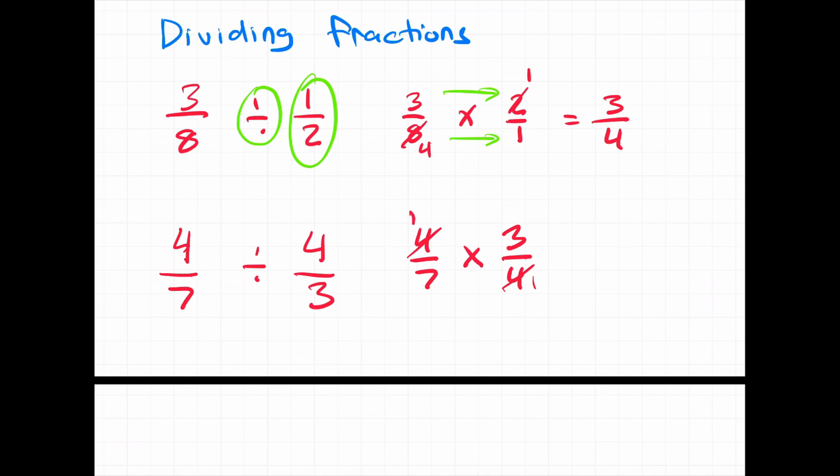I can't do any more reducing, so I'm just going to multiply straight through. 1 times 3 is 3, and 7 times 1 is 7, and that is our final answer. Double check. Yes, 3/4 cannot be reduced down. Double check. Yes, 3/7 cannot be reduced down. So finished and finished.